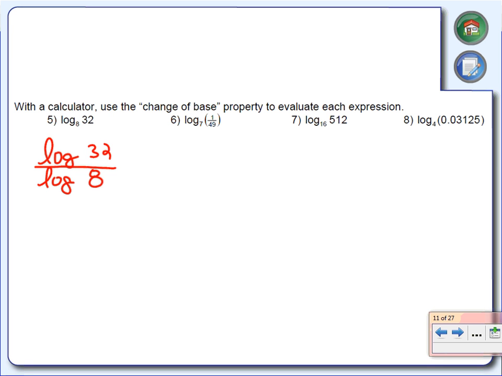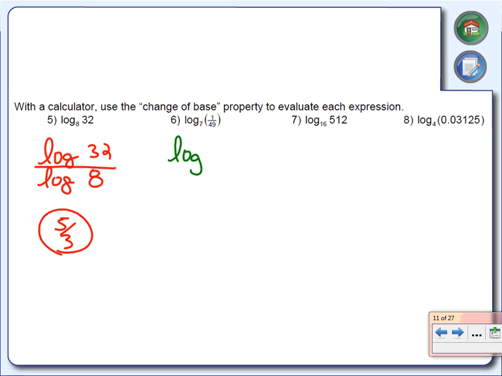5 over 3. And that is correct. So in order to get that 5 over 3, we had to use our change of base property first. So let's go on to number 6. I want to know what is log base 7 of 1 over 49. Well, the first thing I got to do is change it, using that change of base property.